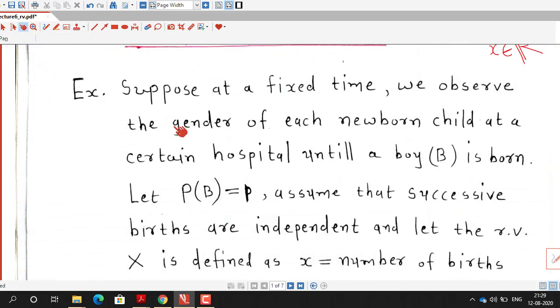So first example: suppose at a fixed time we observe the gender of each newborn child at a certain hospital until a boy is born.